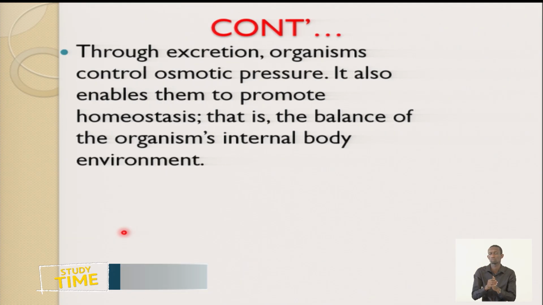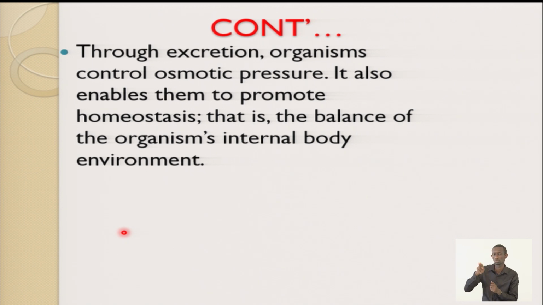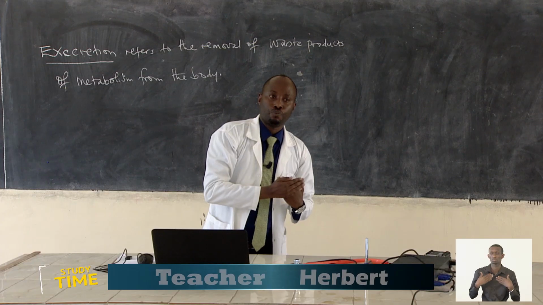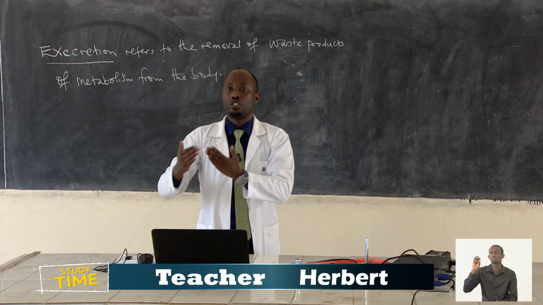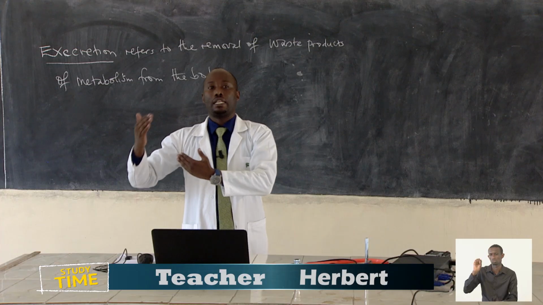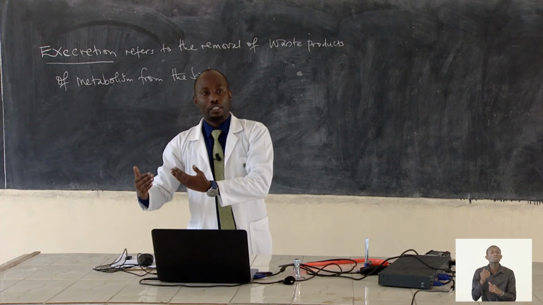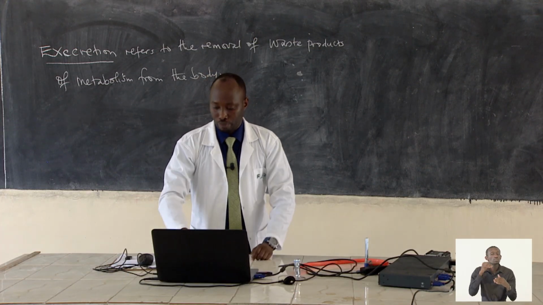It also enables them to promote homeostasis. Homeostasis is balancing the internal environment within an organism. The balancing of the organism's internal environment is homeostasis. So homeostasis refers to the maintenance of the internal environment within an organism.